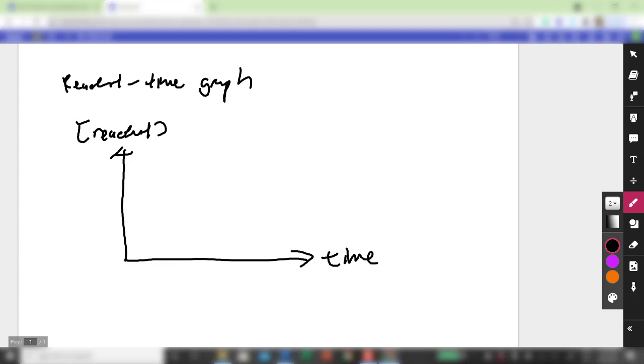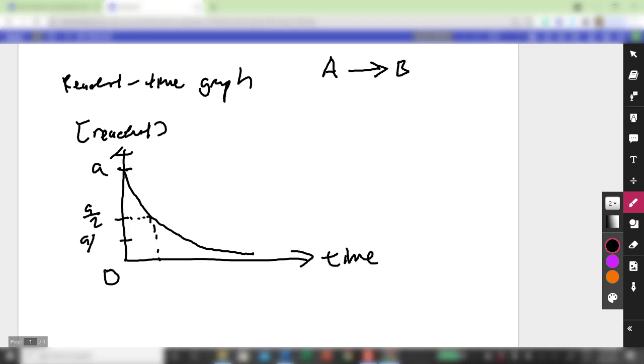Let us assume that the reactant is A and my product is B in a 1:1 ratio. If we take the initial concentration of the reactant to be A, and this is an exponential decay, we are going to find the half-life. For the first half-life, it will be A over 2, and the second half-life will be a quarter A.